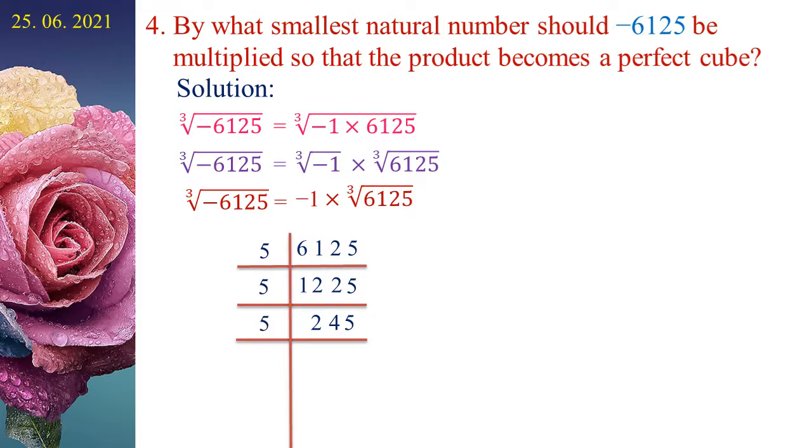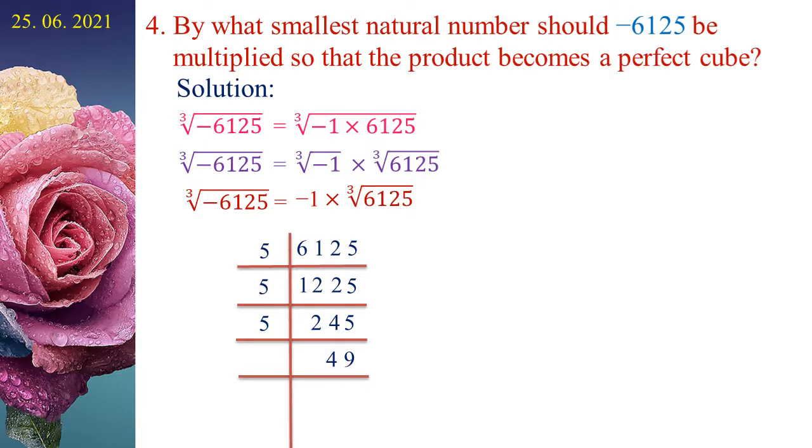So, we can divide by 5. 4 5s are 20, balance 4, 45, 9 5s are 45. The number 49 is not divisible by 5 because the ones digit is not 0 or 5.